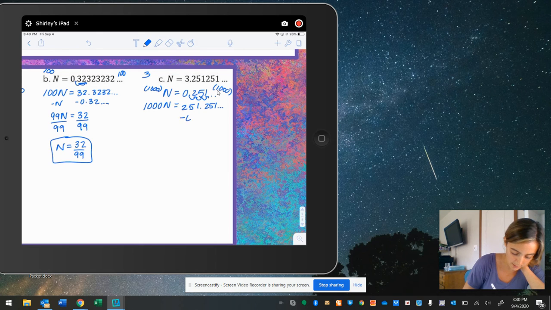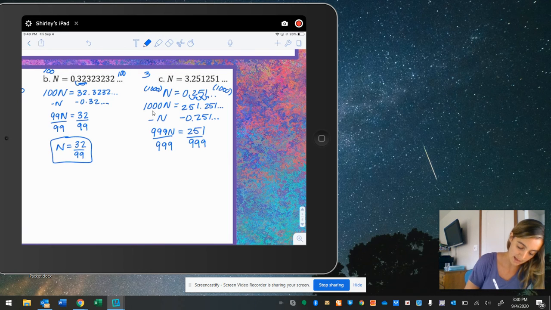I can't get rid of that, so I'm just going to subtract my n, again, because that first statement tells me that they're the same. So if I take one n away from 1,000n, we have 999n equal to 251 divided by 999.